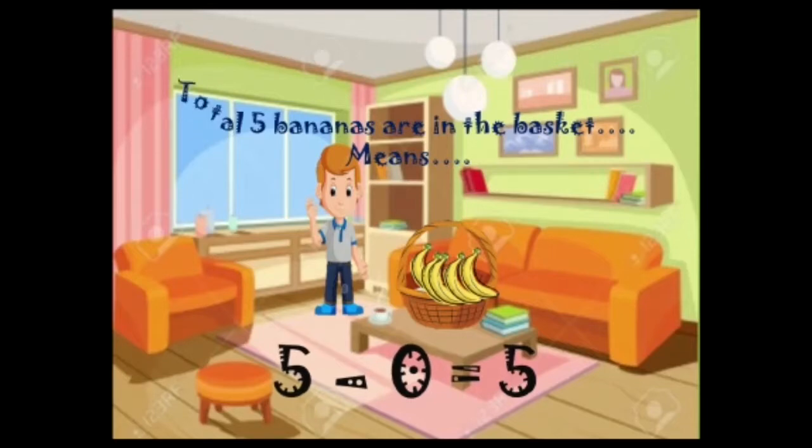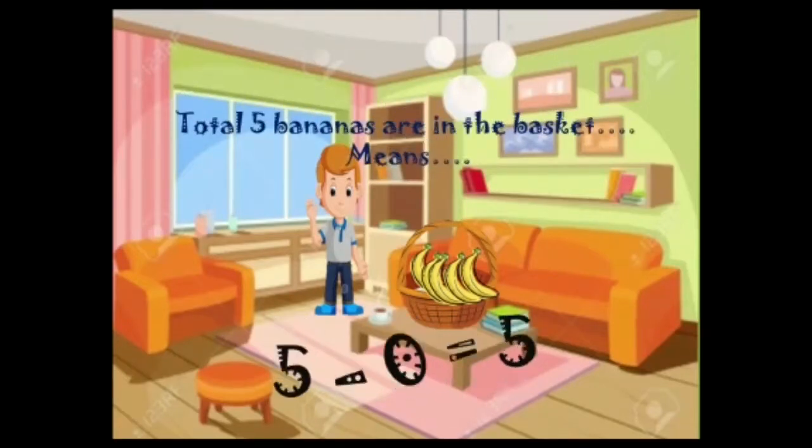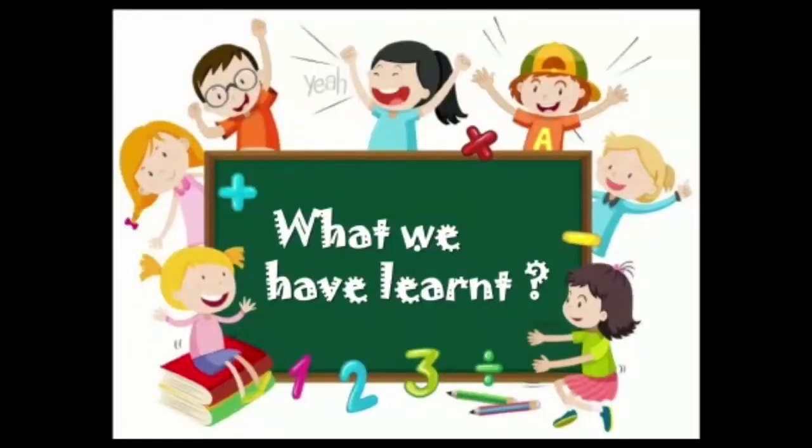So, this is all what we have learnt. Can you tell me what we have learnt? Do you remember what we have learnt in the previous clips? Okay, let me just tell you.